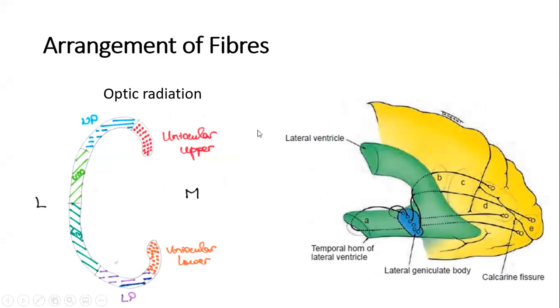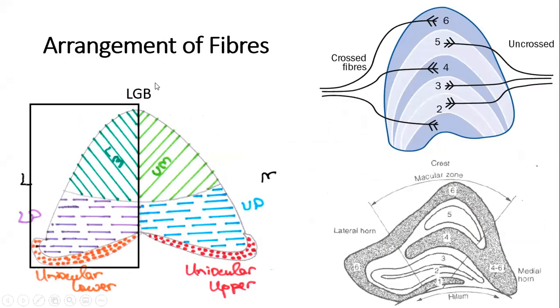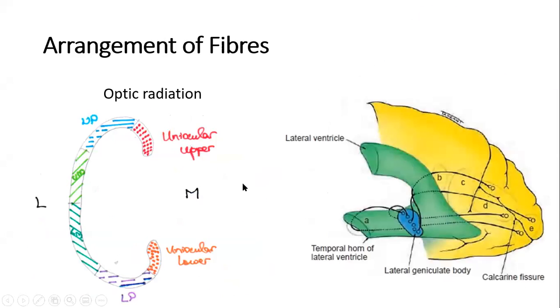Consider we saw this diagram already. Whatever fibers are there laterally in the lateral geniculate body, they pass antero-inferiorly. Like this are the fibers which are going to come. So antero-inferiorly it goes and winds around the anterior tip of the temporal horn of the lateral ventricle and passes deep in the temporal lobe.